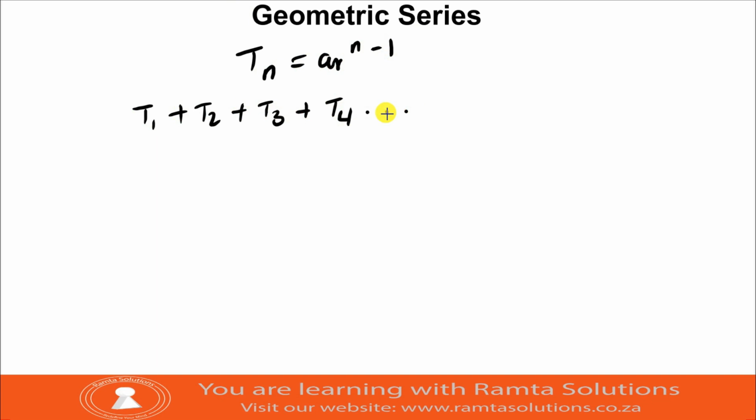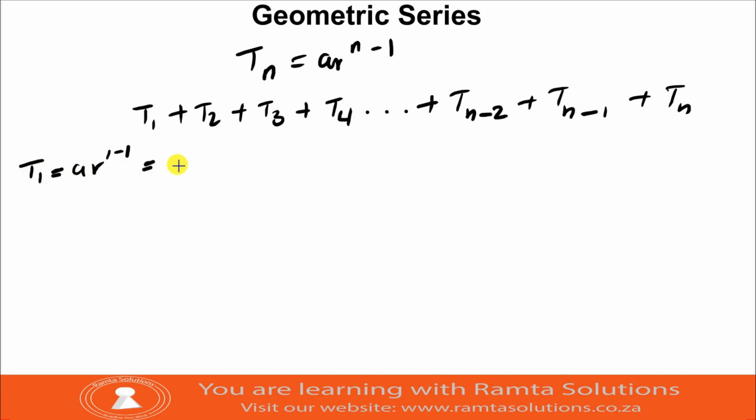Now, let's consider sequences that end up to Tn minus 2, Tn minus 1, and Tn. Let me do it in that way. The first term, according to a geometric sequence, T1 would be AR to the 1 minus 1, which is AR to the 0, which is A. And T2 would be AR to the 2 minus 1, which is AR to the 1.